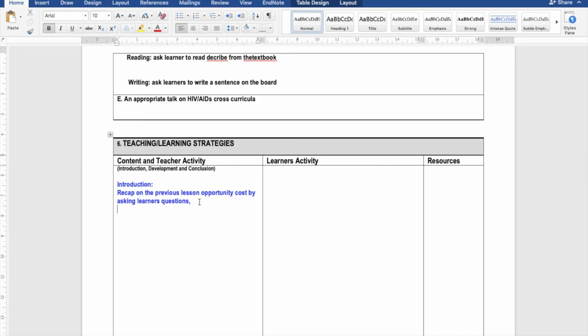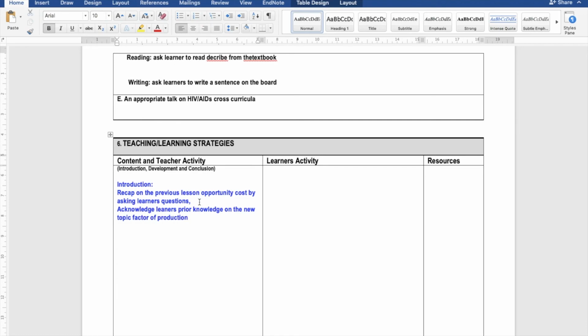Now after the recap, you try to introduce the new topic, or first you can acknowledge learners' prior knowledge on the new topic that you want to teach, which is factors of production.